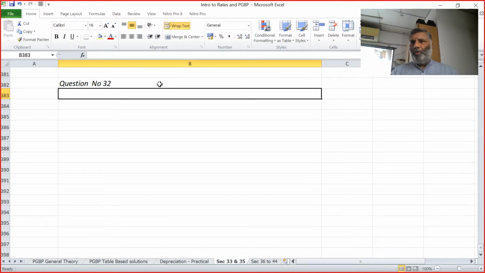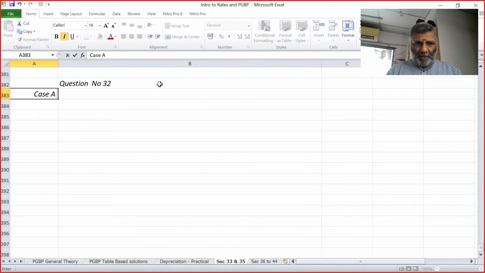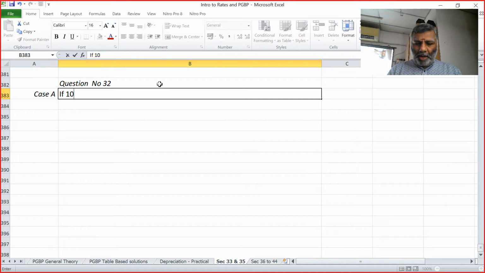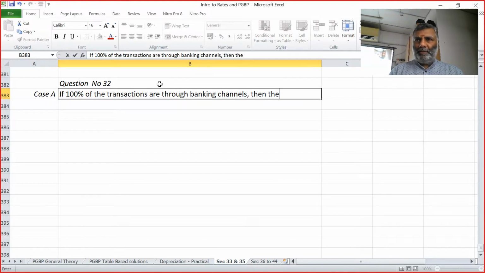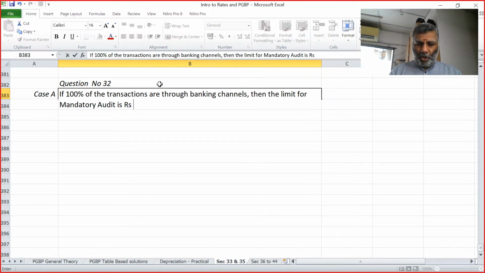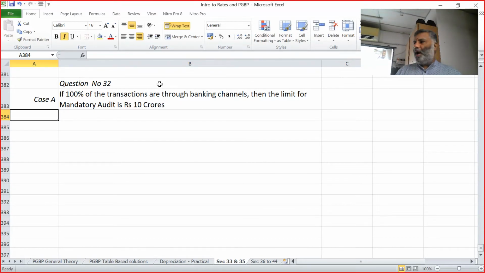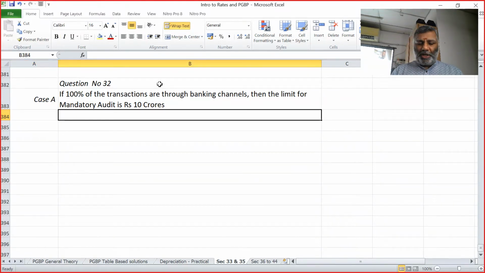Question number 32. Case A. If 100% of the transactions are through banking channels, then the limit for mandatory audit is rupees 10 crores.